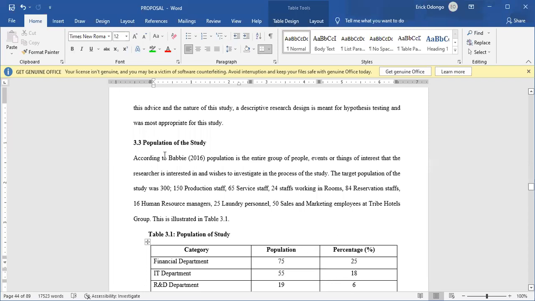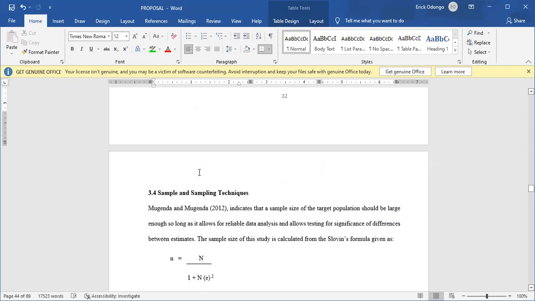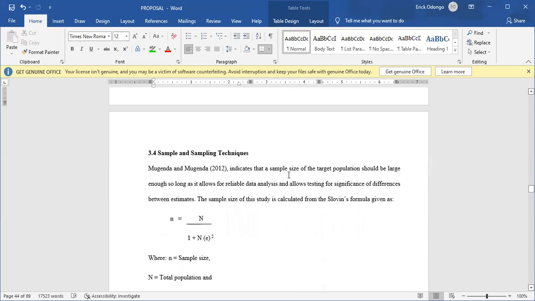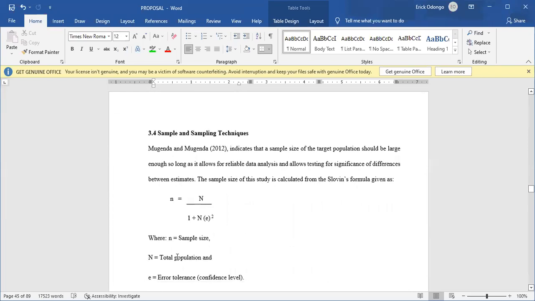These sections must be provided systematically, the way they have been provided under the format that I will share with you. After that, you will go to the sample and sampling techniques. You must calculate the sample size. Sample size is given by small n, that is. Capital N refers to the total population. Now, in your area of investigation, what is your total population?